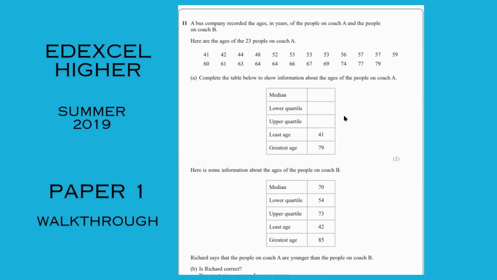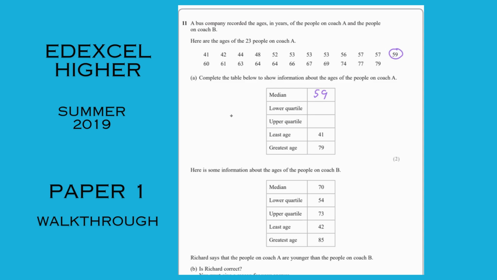Number 11. So they've given you 23 people not by accident, because you should know about the sigma f plus 1. So of 23 people, it's the add 1, 24. So it's the 12th person that is the median. So the median is 59. The quartile, you add 1 to get 24.